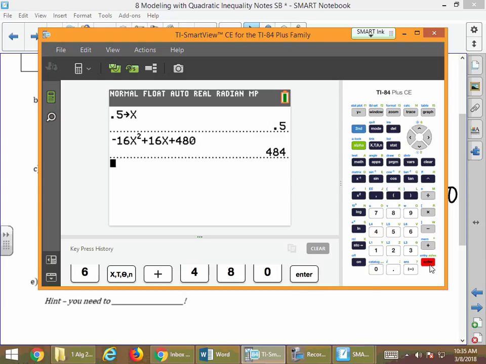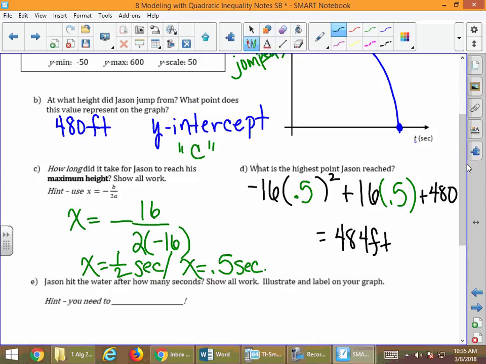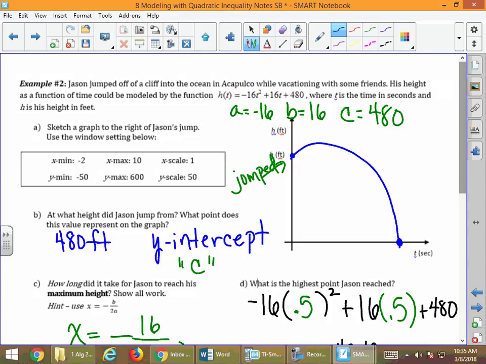And what we see is that Jason's highest point on the graph is 484 feet. So if we go back and we label here, this is 0.5 and 484 for our highest point.